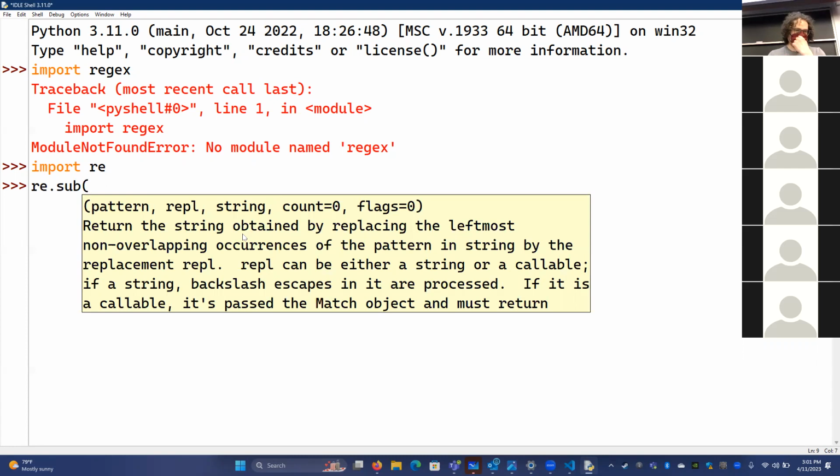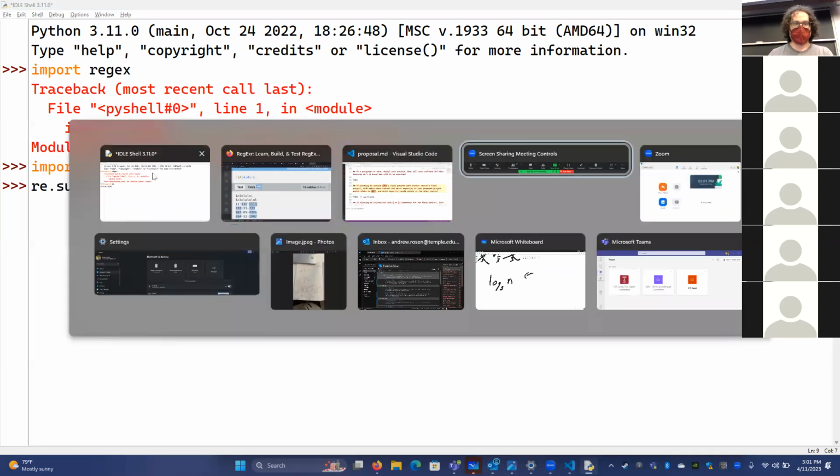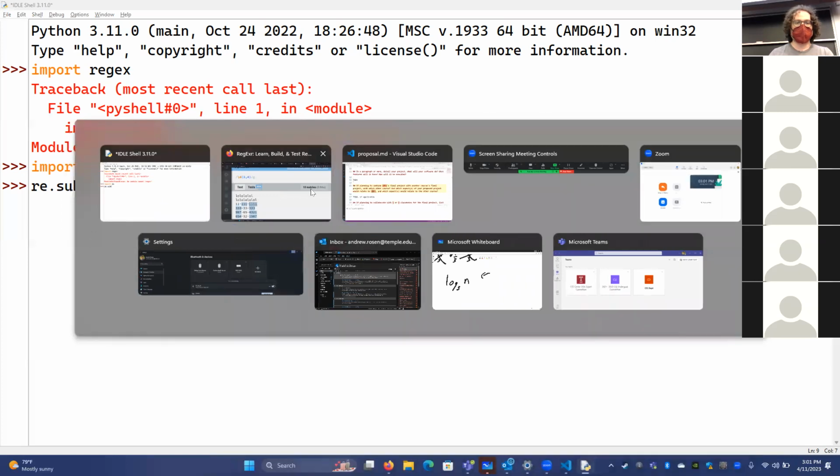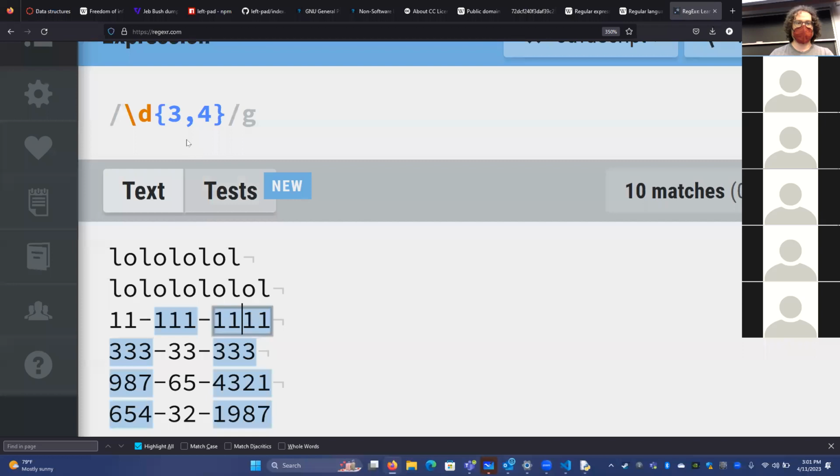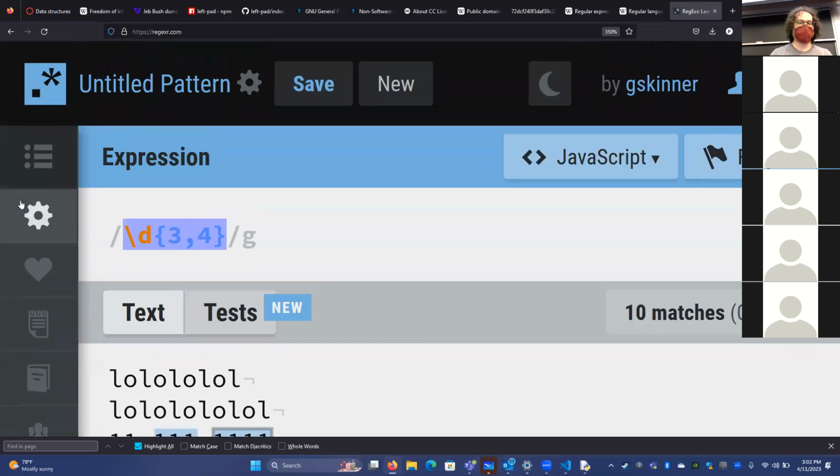Sub is short for substitution. So what is a pattern? A pattern is the regular expression that we are matching. This up here, the regular expression, is what's referred to as our pattern.